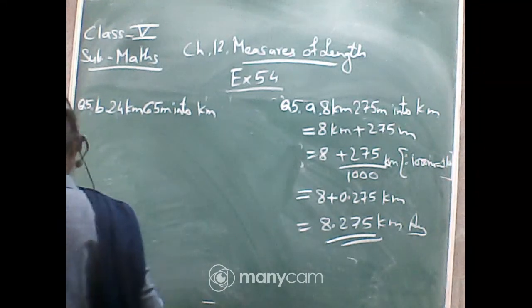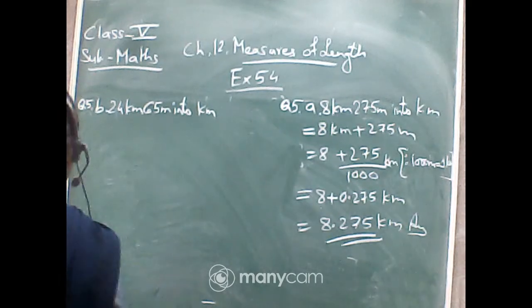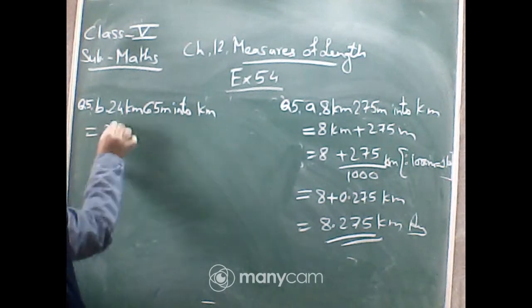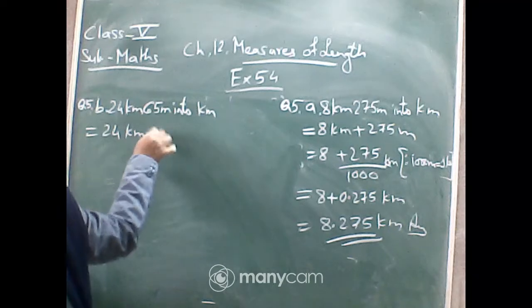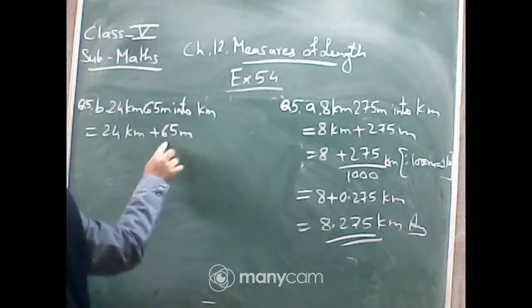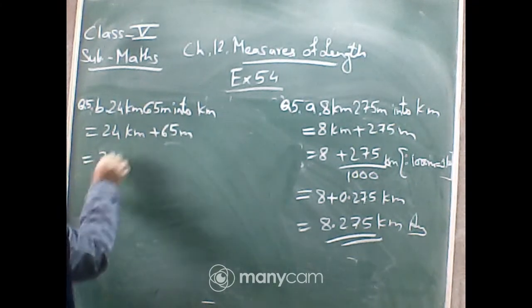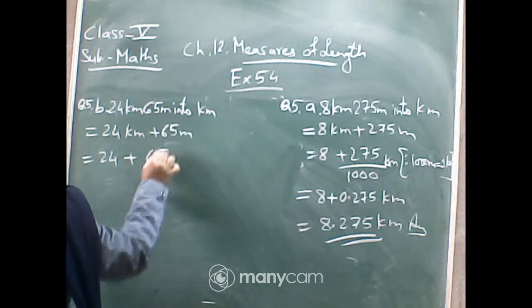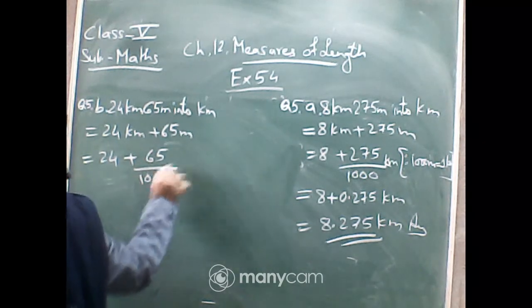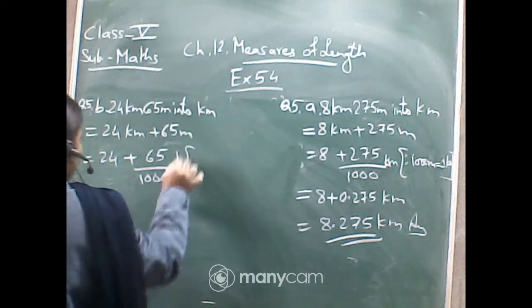So this will be 24 kilometer plus 65 meter. You have to change this meter into kilometer. So this will be 24 plus 65 by 1000.